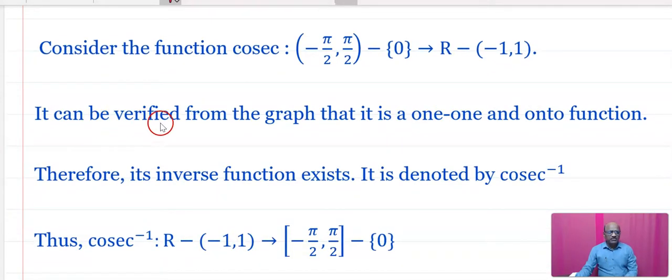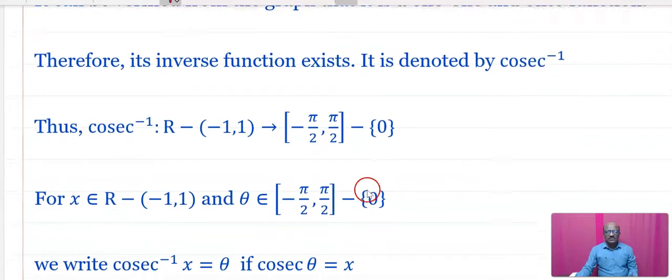It can be verified from the graph that it is again one-one and onto function, and therefore its inverse function exists, and it is denoted by cosec inverse. And thus cosec inverse is defined from the set of real numbers minus the open interval minus 1 to plus 1 to the closed interval minus pi by 2 to plus pi by 2 minus 0.